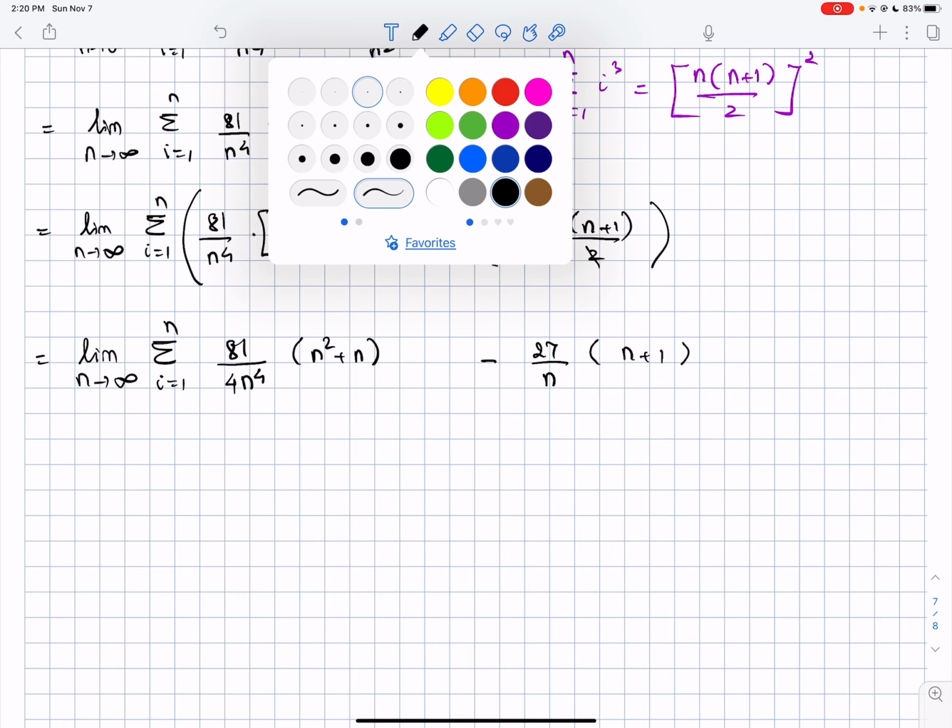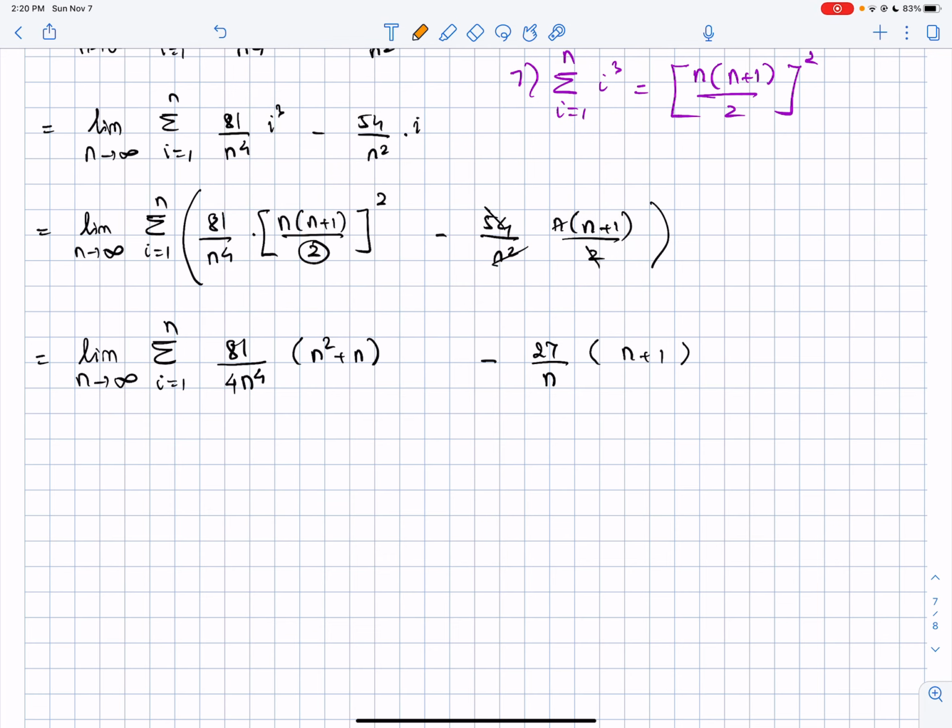Okay, so here is what we're going to do. We're going to look at the highest exponent of the n, which is 2 and 1. I'm going to factor out n squared and n squared, and then n and n, and then use this.